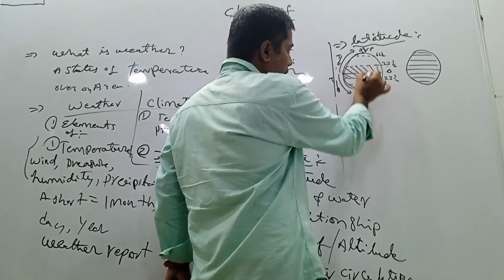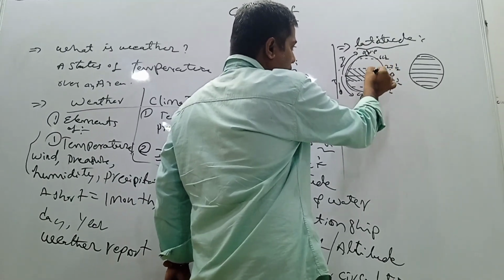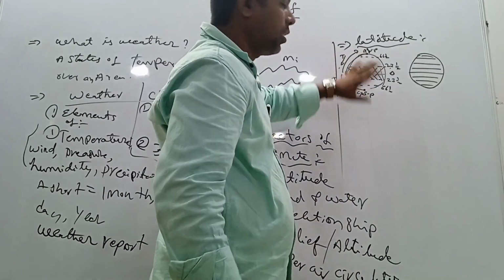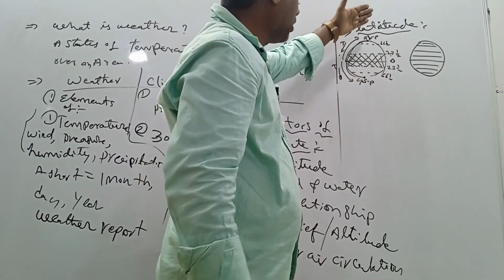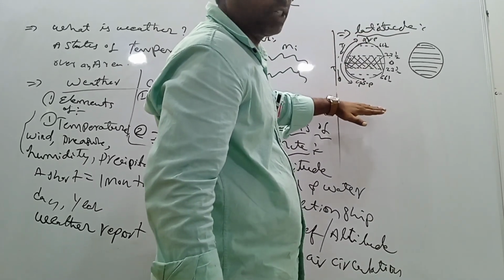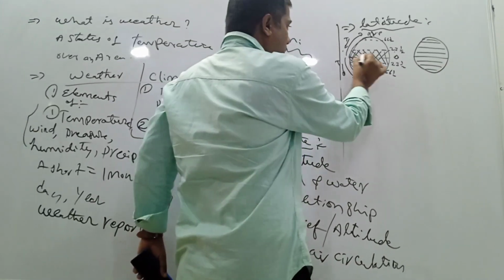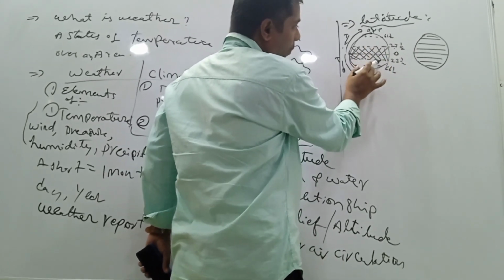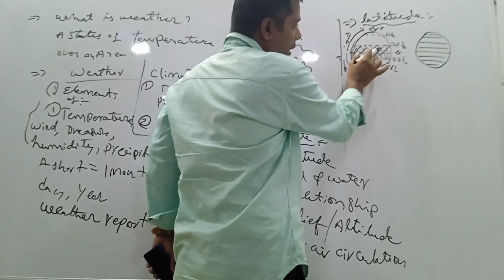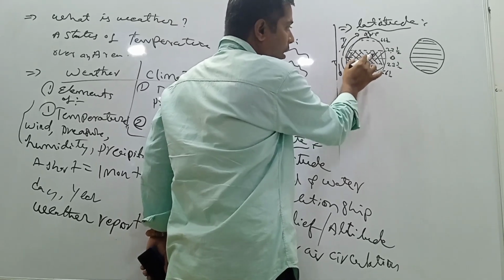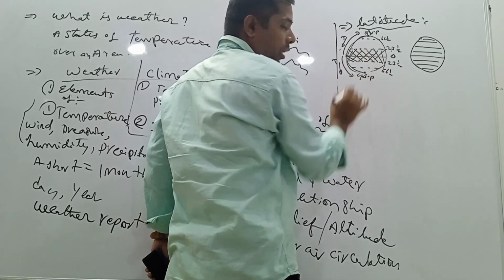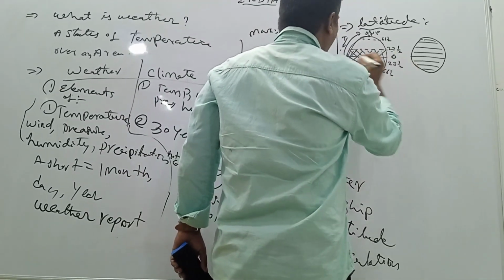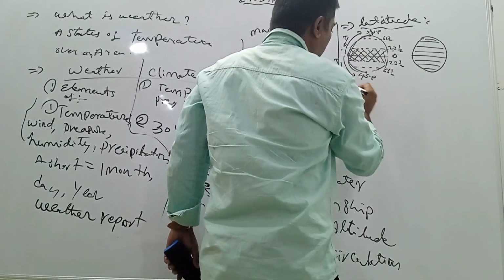Beyond this, sun rays never fall vertically in the Northern or Southern Hemisphere. So between the Tropic of Cancer and Tropic of Capricorn, sun rays fall vertically, so the temperature is more. This area is called the tropical area.